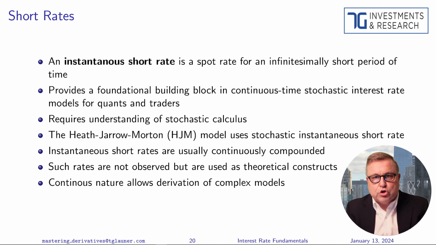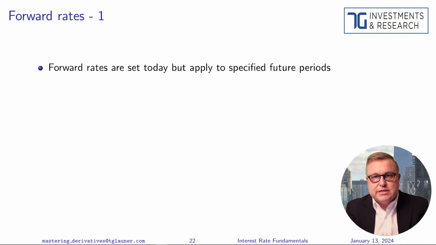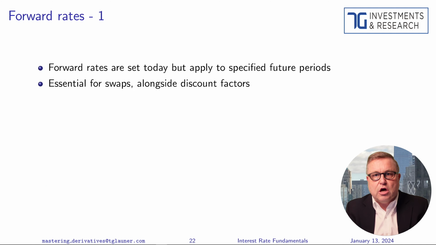Having discussed spot rates, zero rates, and short rates, consider them as different types of interest rates starting from today. We'll move now on briefly to forward rates. Forward rates are particularly important because they define future cash flows in interest rate swaps, which are determined today.